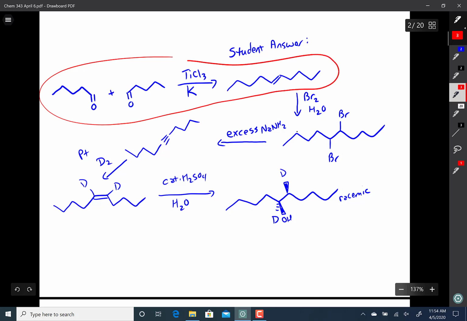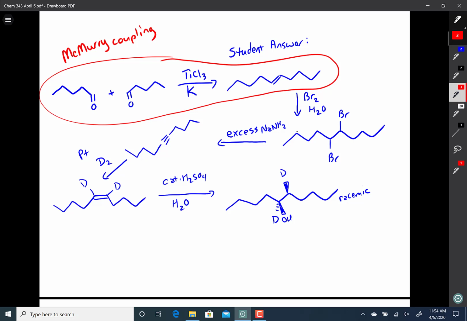To make that alkene, this is what's called a McMurry coupling. And this is a reaction that's very tricky to pull off. And we're not going to talk about this in Chem 343 or even Chem 345.